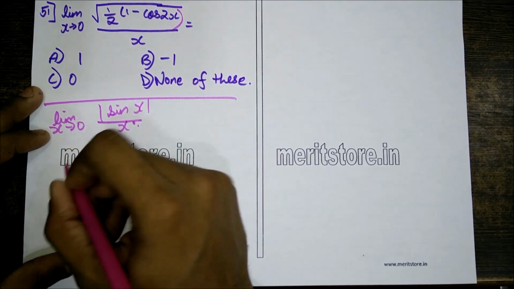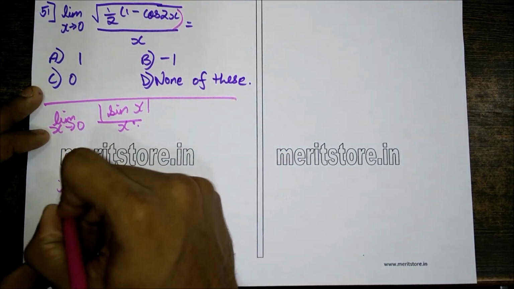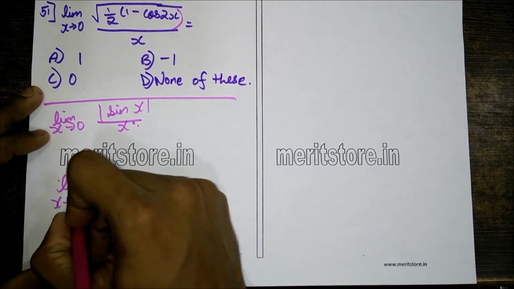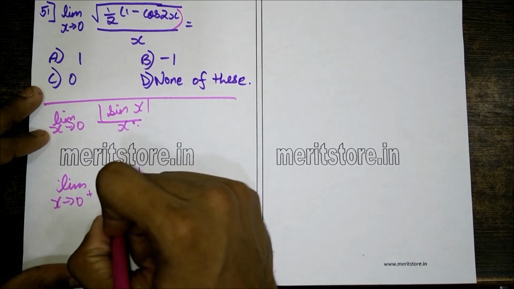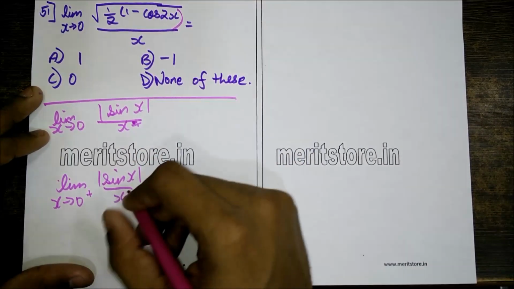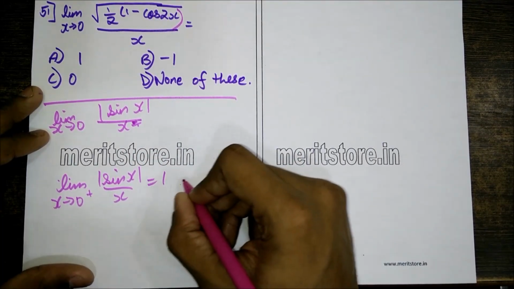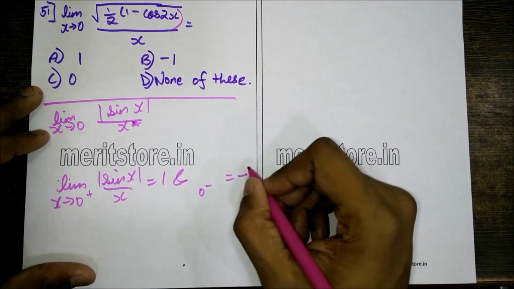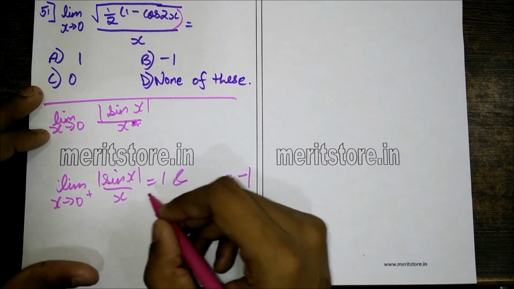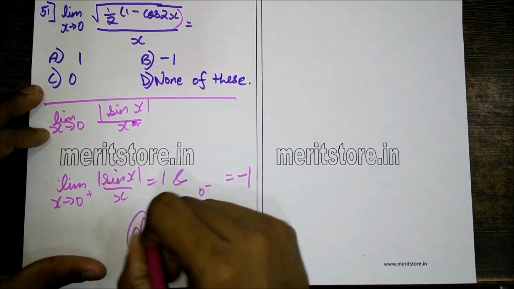So the limit of x tends to 0 on the positive side, sin x by x equals 1, and on the negative side equals minus 1. Hence the limit does not exist. So therefore D.